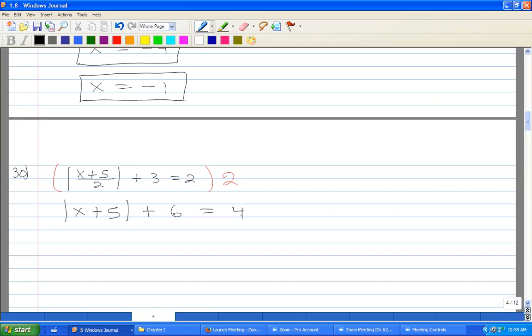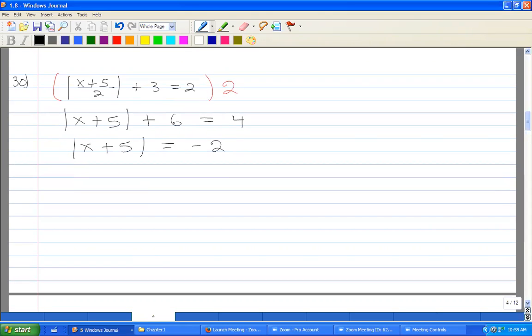Recall the absolute value of 2 is just 2. Subtract 6 from both sides of your equation. So the absolute value of x plus 5 is negative 2. But how can an absolute value ever equal a negative number? Well, it can't. Therefore, this equation has no solution.